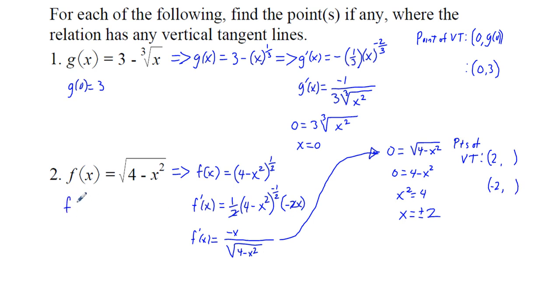From the left here, f of 2 is going to be the square root of 4 minus 2 squared, which equals 0, and f of negative 2 is going to be the square root of 4 minus negative 2 squared, which also simplifies to 0. So our points of vertical tangency are going to be 2 comma 0 and negative 2 comma 0. And I think this looks like a semicircle when you graph it out.